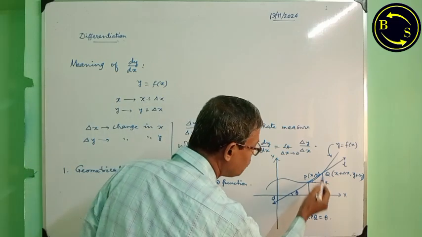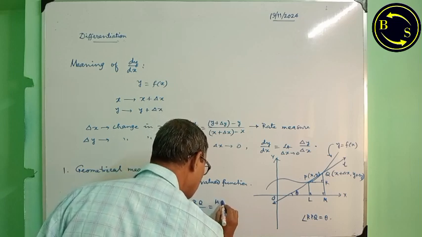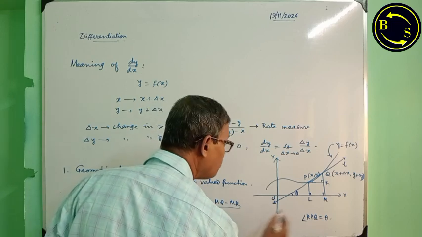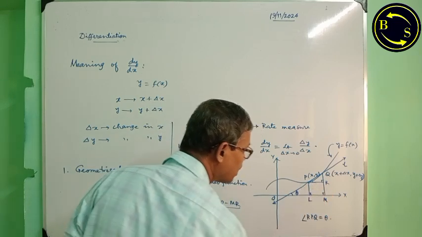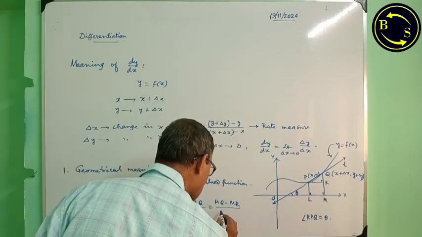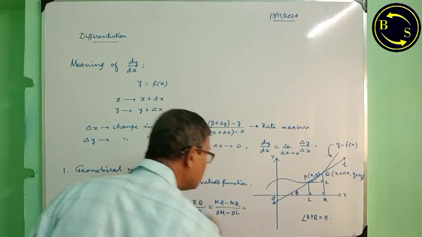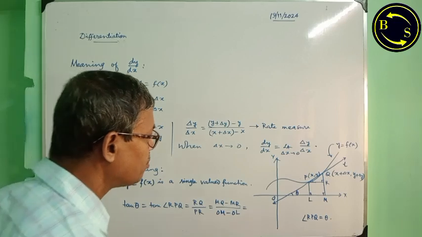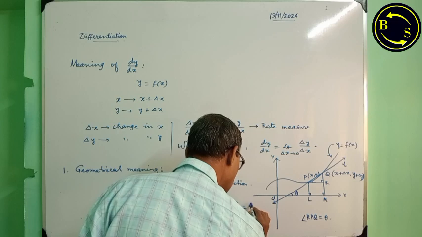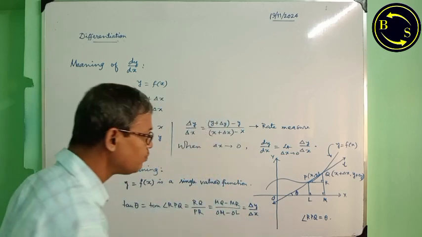Now RQ is equal to MQ minus MR. And PR, this will be a rectangle, therefore PR will be equal to LM, that means OM minus OL. After putting these coordinates, we shall get this equal to delta y by delta x.